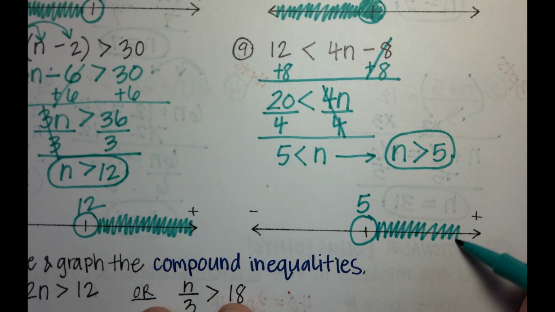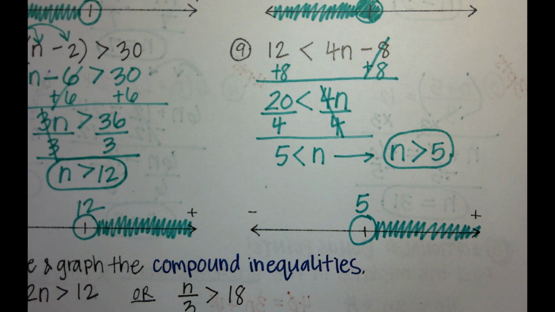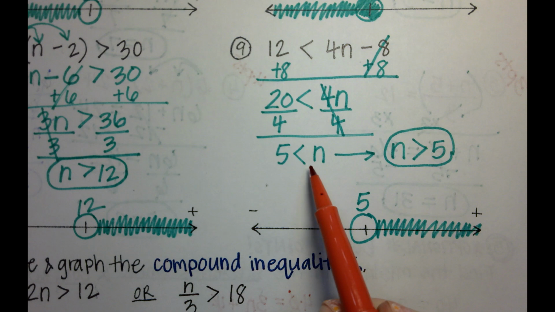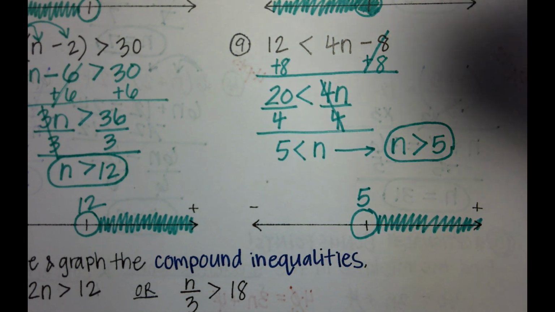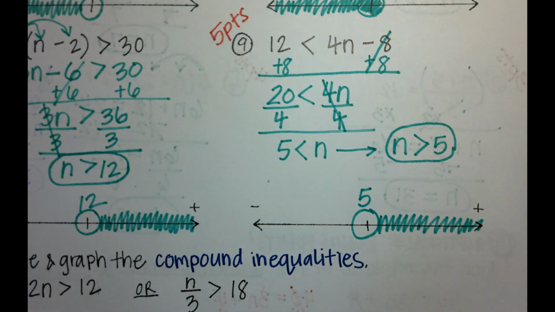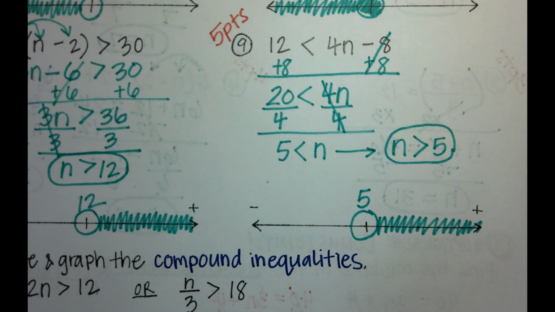Very, very good. So this one is worth, let's see, 1, 2, 3, 4, 5. That one is also worth 5 points. Not too many steps there. Any questions about number 9?